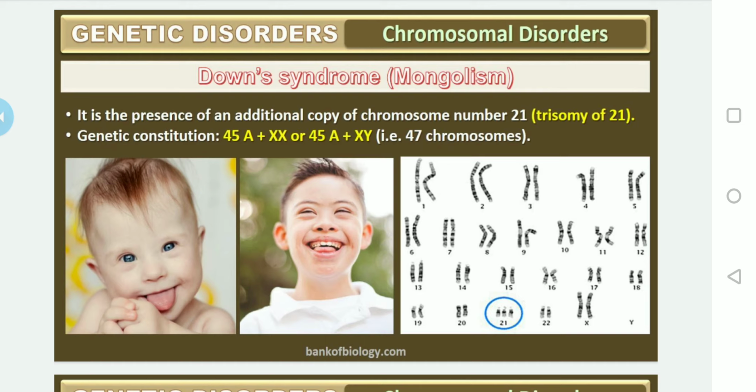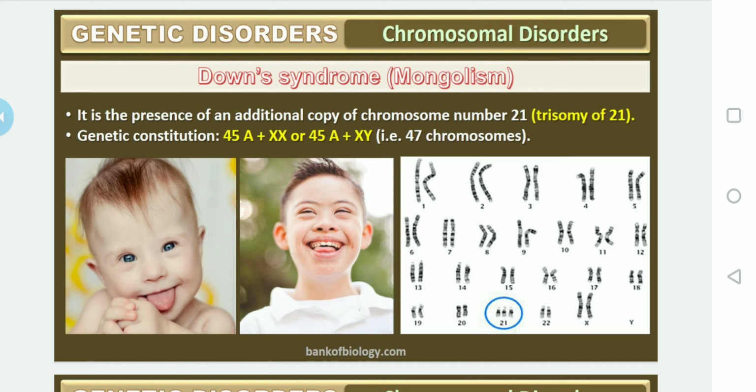As I said, the reason is the non-disjunction of the chromosomes during the formation of gametes in females. Remember, Down syndrome is also known as Mongolism or Mongoloid idiocy. It is an autosomal hyperaneuploidy.